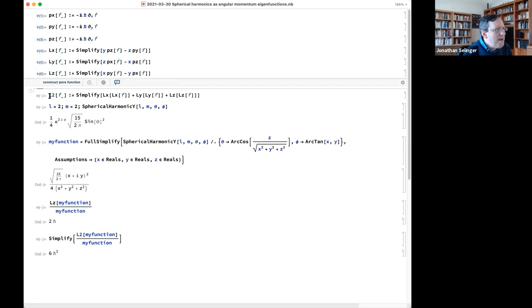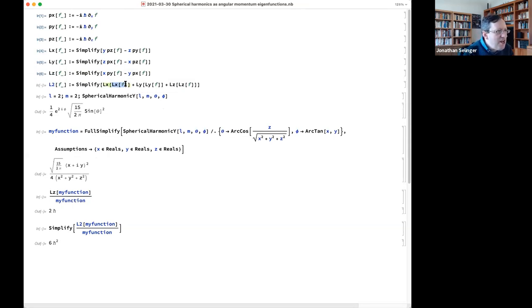And what about L squared? Well, that is Lx squared plus Ly squared plus Lz squared. And when it comes to operators, you remember Lx squared means you let Lx operate on the function twice. So here's a function, I put it into Lx, and then the output of that, I put into Lx again.